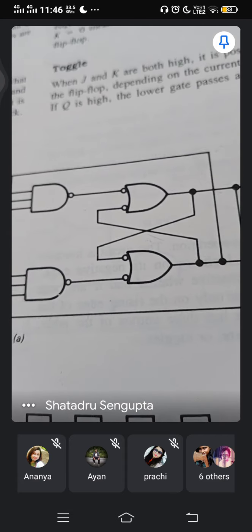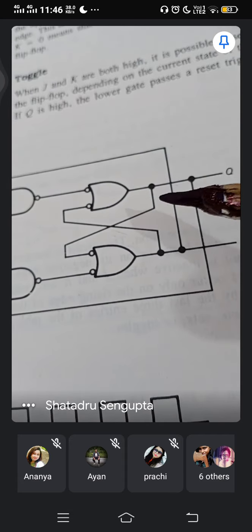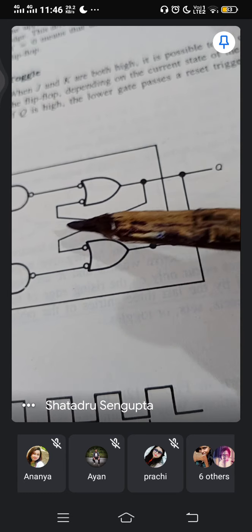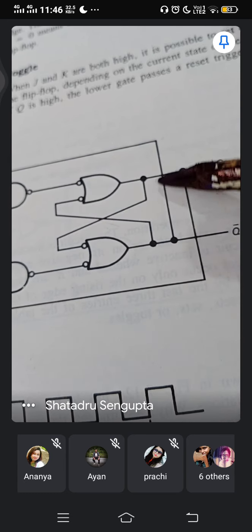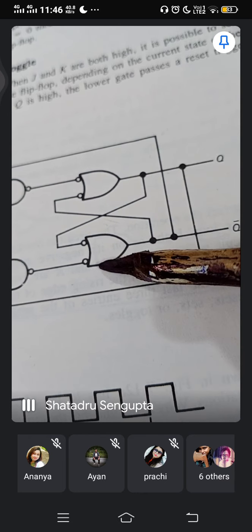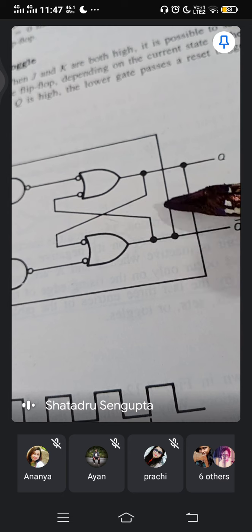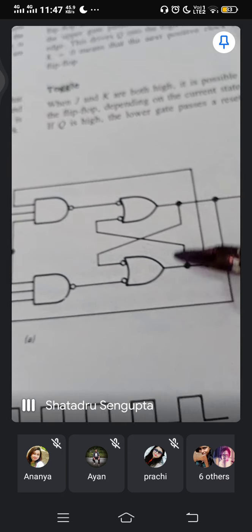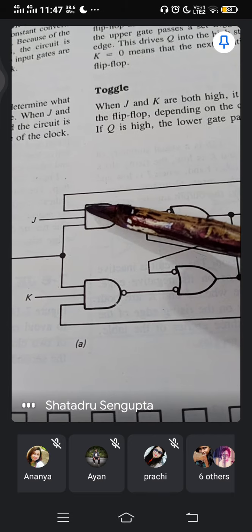So now when we are receiving this input, QT is fed back into this gate, and QT dash is fed into this gate. Same thing, except that this also is going into the first one.